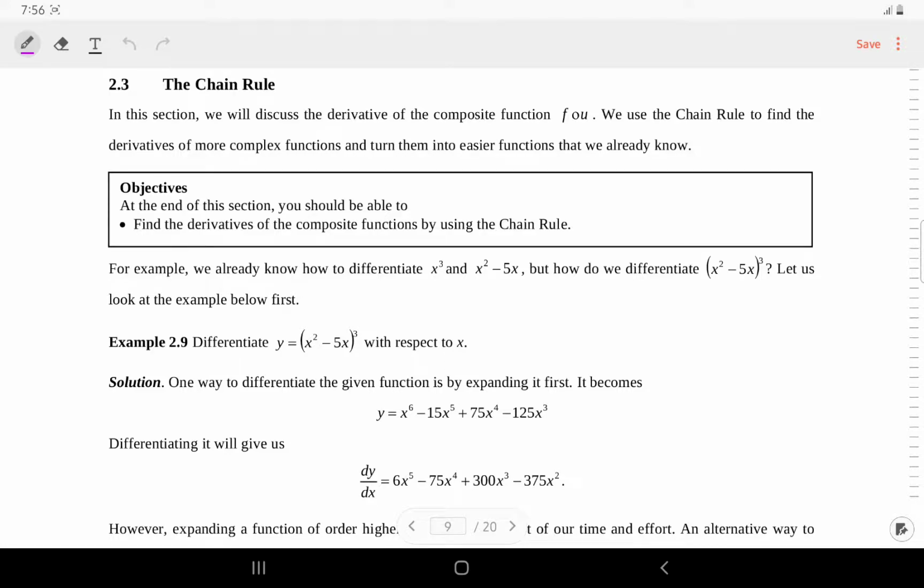This is the longer way where we need to expand this function 3 times. So our working solution will be a bit longer compared to the second way to differentiate this function, which is using chain rule.